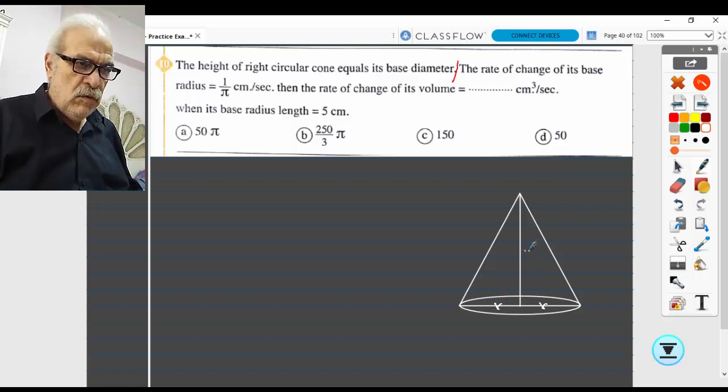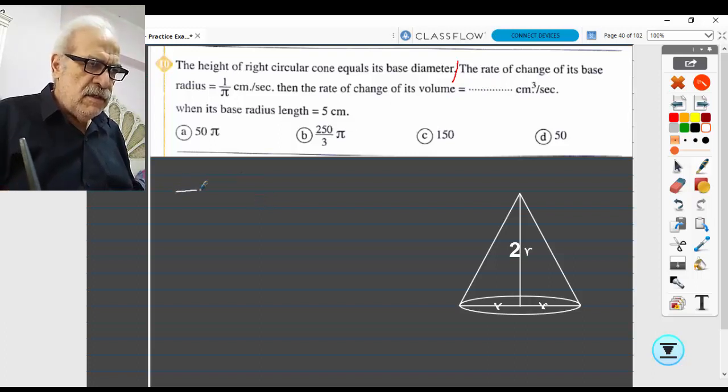So the height equals 2r. The rate of change of its base radius, it means dr/dt equals 1 over pi centimeter per second.